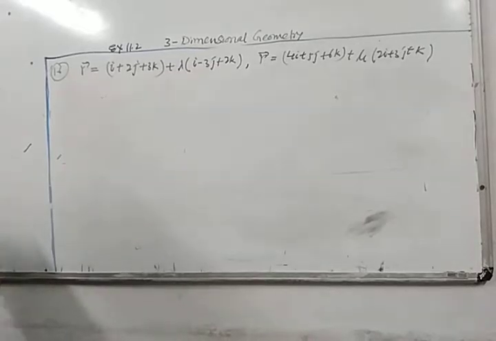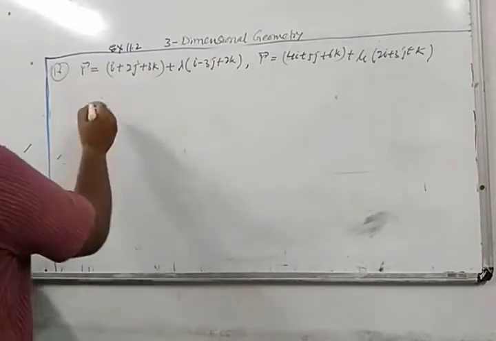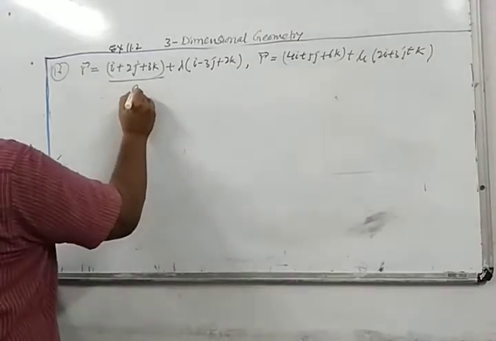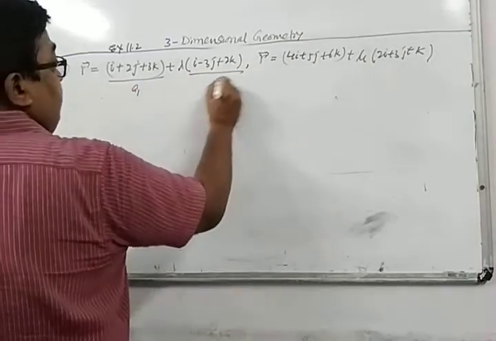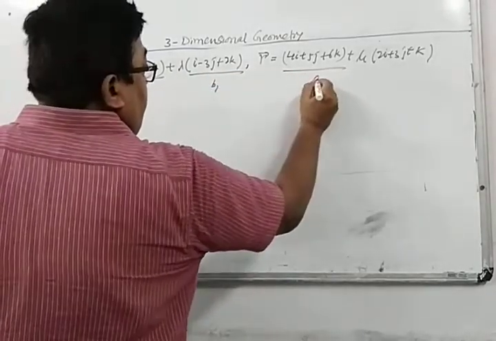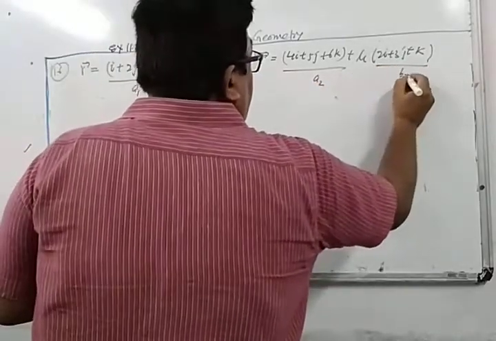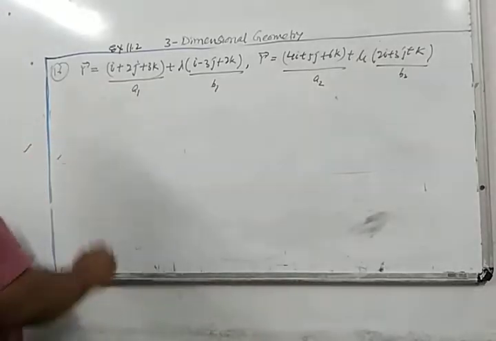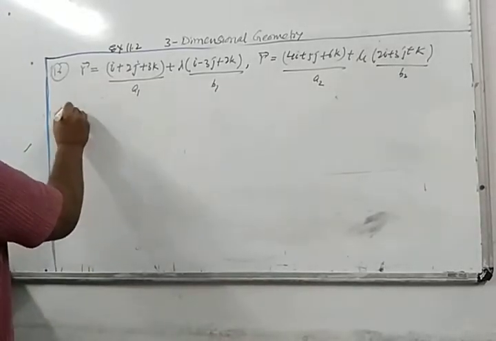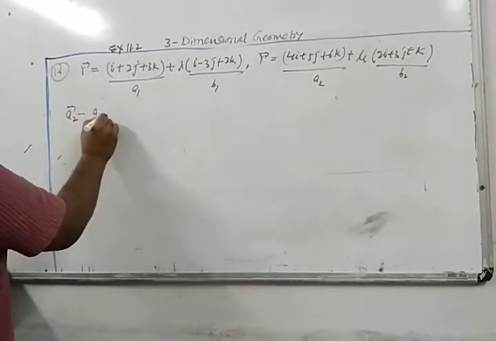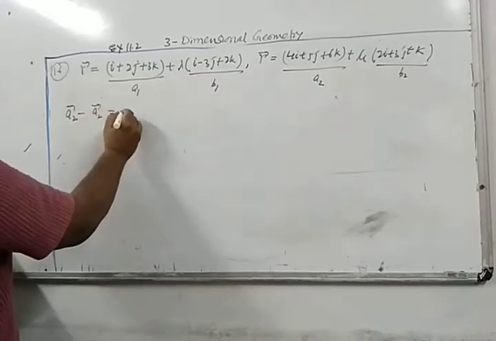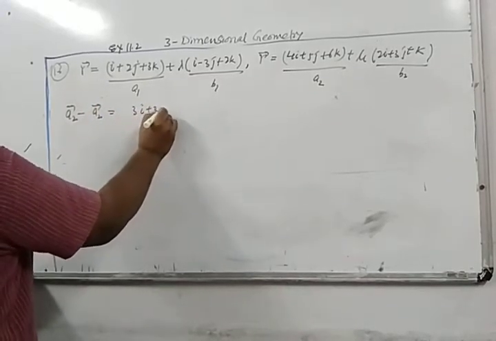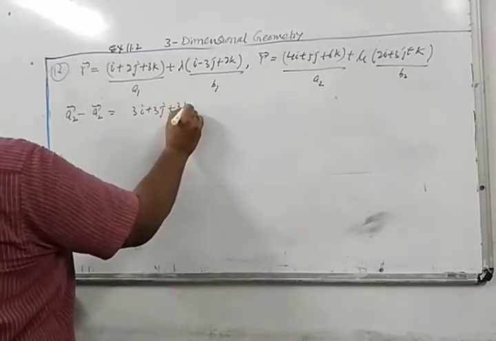So we have to find A1 and A2 first. You can see here this is A1, this is B1, this is A2, and this is B2. We can see A1, A2, B1, B2 very clearly here. According to the rule, A2 minus A1 is equal to 3i plus 3j plus 3k.